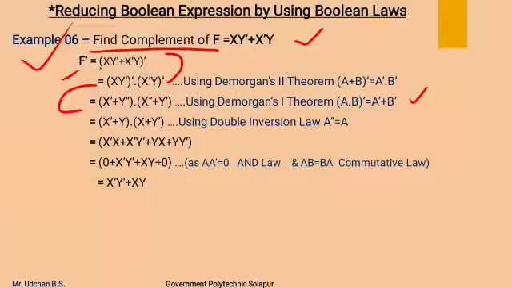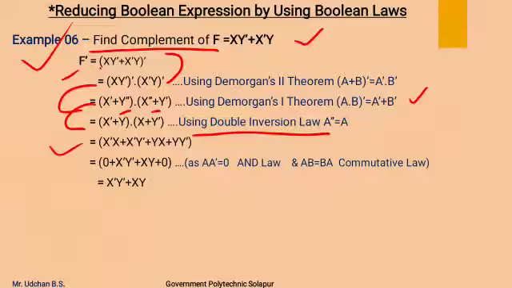Now in this equation we can see y double complement and x double complement, which can be written as y and x as per double inversion law. So again this equation is reduced to x bar plus y into x plus y bar.